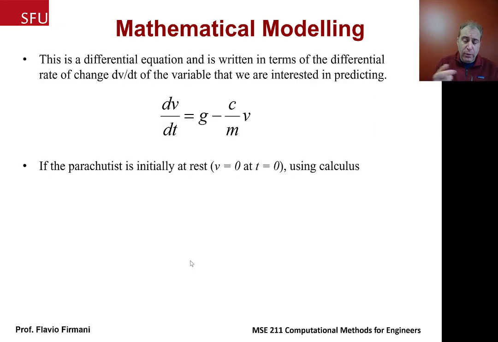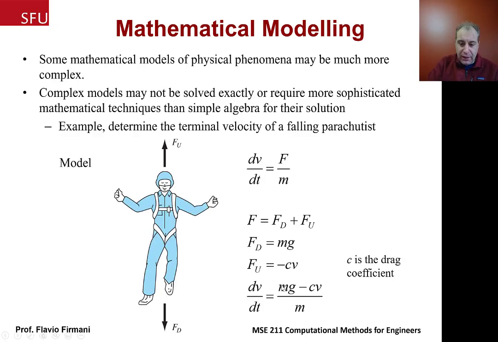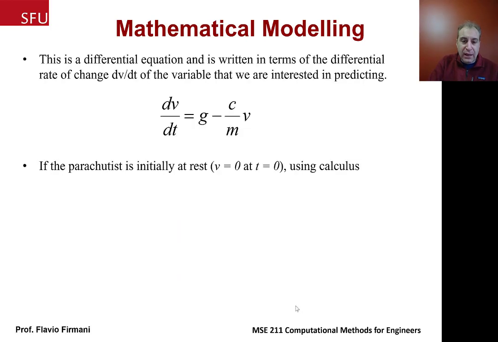Now, we can simplify it in this form. The only thing I did is cancel out the m's on the left hand side, and we have g minus the coefficient of drag divided by m times the velocity. So what we got here is a differential equation.